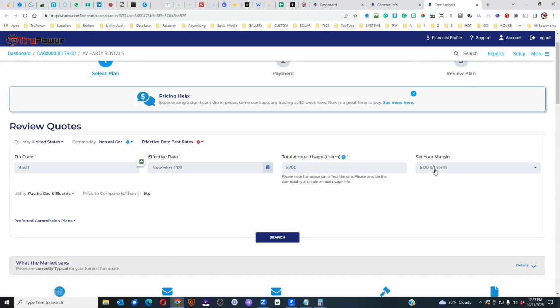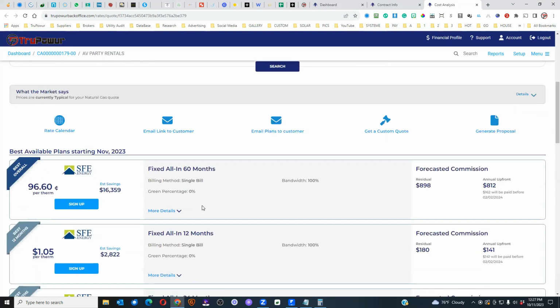Now, you can obviously play with the margins if you want, but for this training, we just want to make sure that we've got the price to compare in there, we've got the customer's information in there, and then how do we go about creating a proposal?